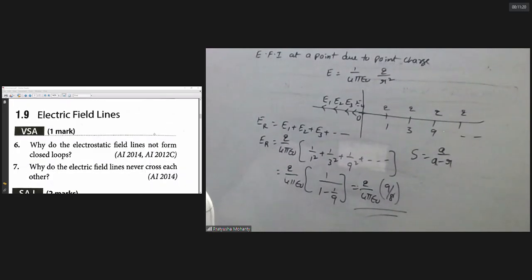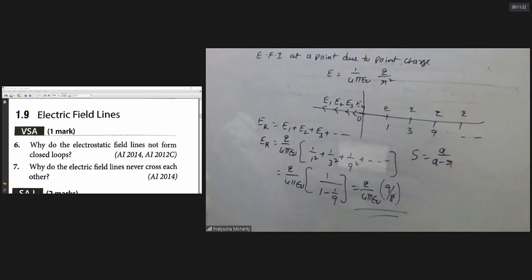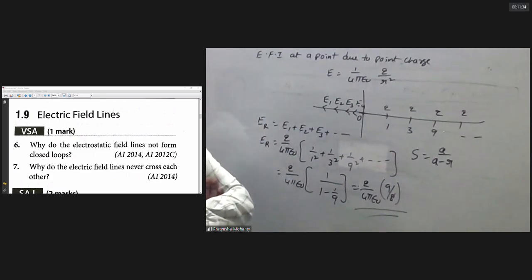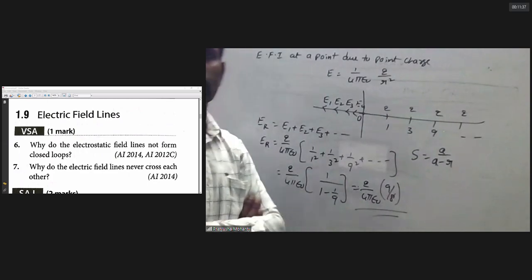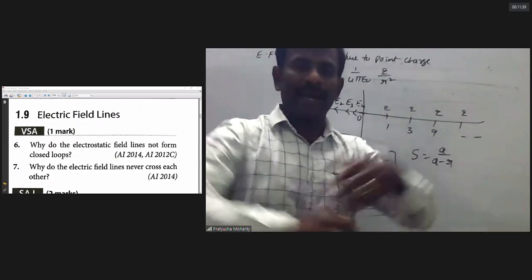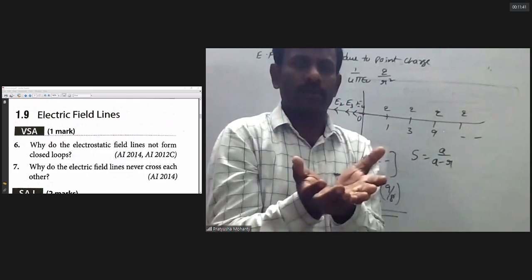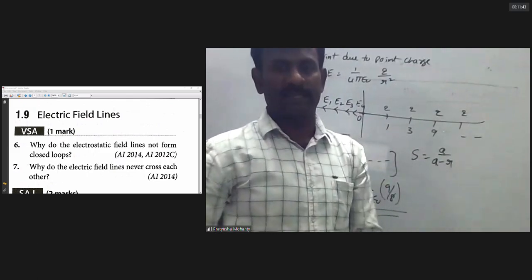People know. Anybody give me the answer for the second one? First and second. Why do electrostatic field lines not form closed loops? You know magnetic lines form closed loops, but not electric field lines.